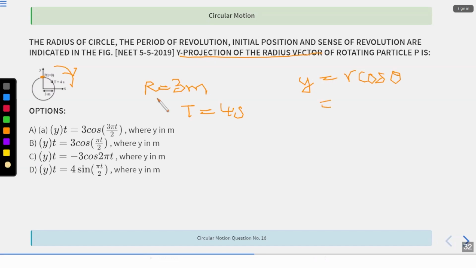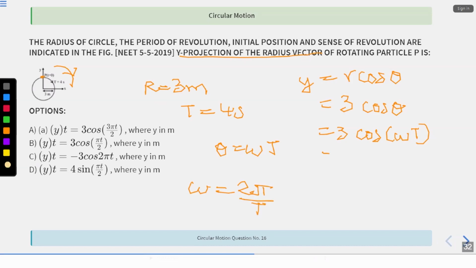So I can write it as r is basically over here 3, and we have cos theta. But how do we find theta? Theta is nothing but omega t. So I'll write this as 3 cos of omega t. But then we know t, but we do not know omega. But we also know that omega is equal to 2 pi by T. So I'll write it as 3 cos 2 pi by T.